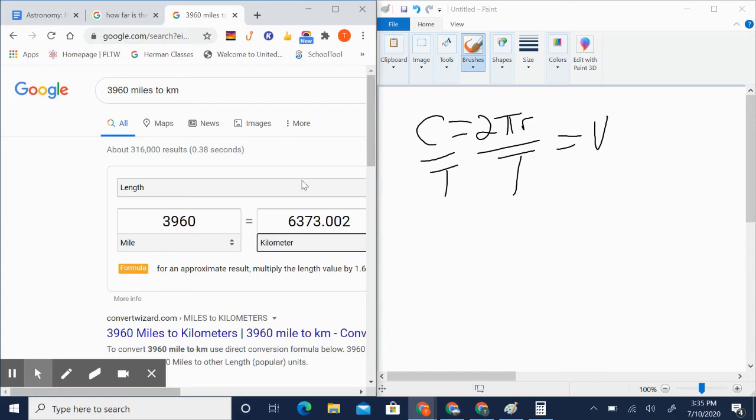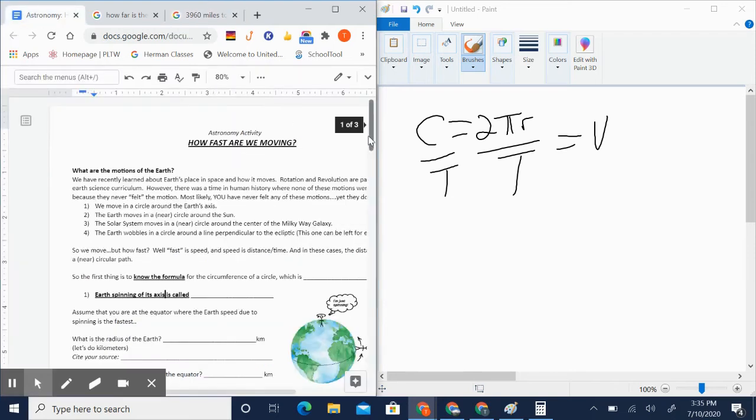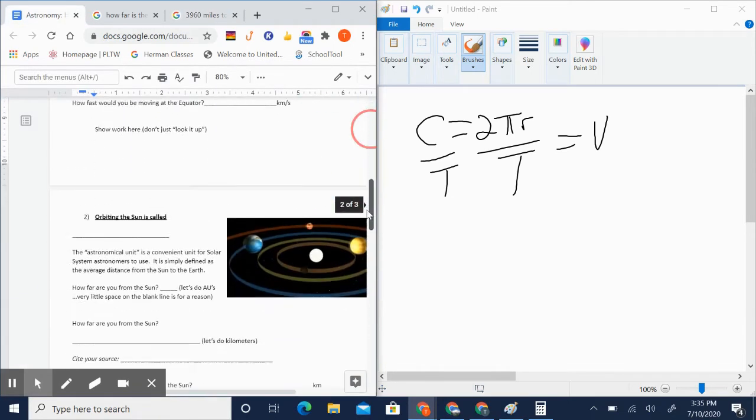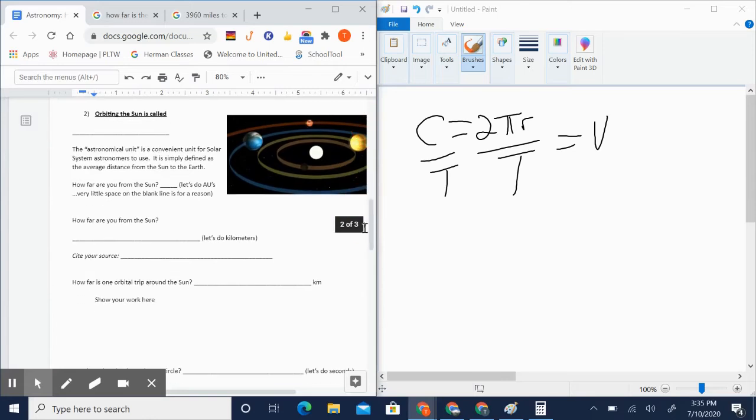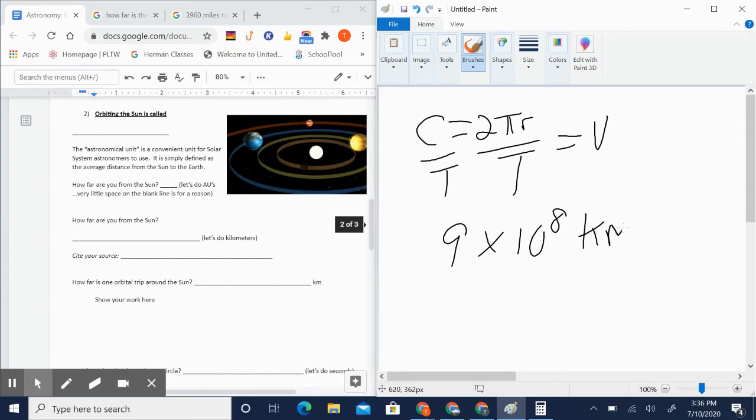When we step out towards the solar system distances, we're getting into bigger numbers. Just cutting to the chase, the distance from the Earth to the Sun is 1 AU, 150 million kilometers or so, and they find the circumference of that, and they'll have something like 9 times 10 to the 8 kilometers.